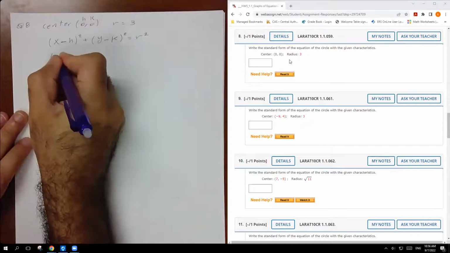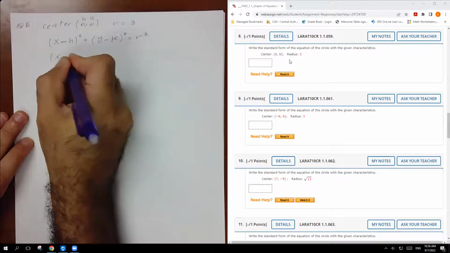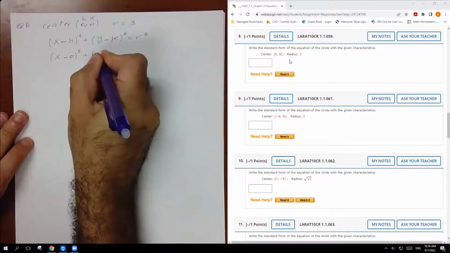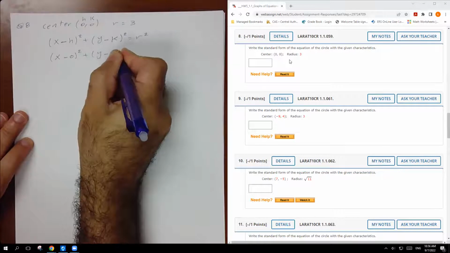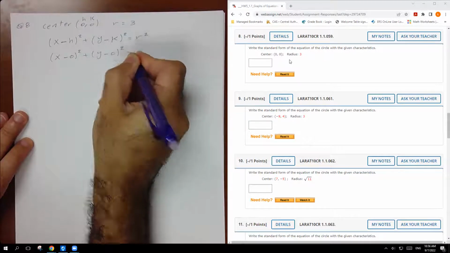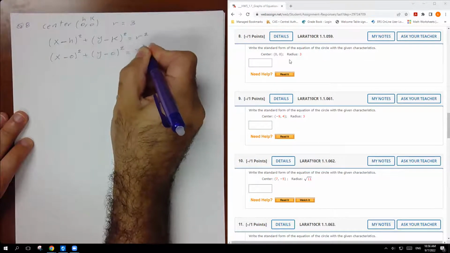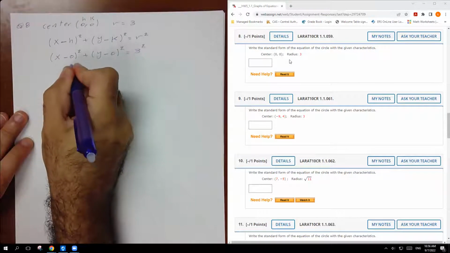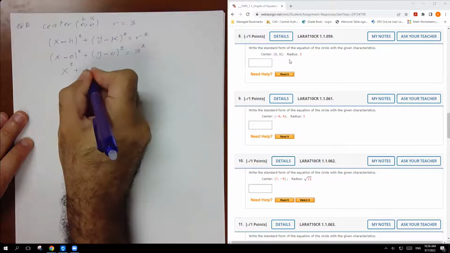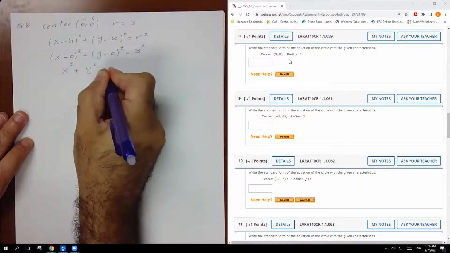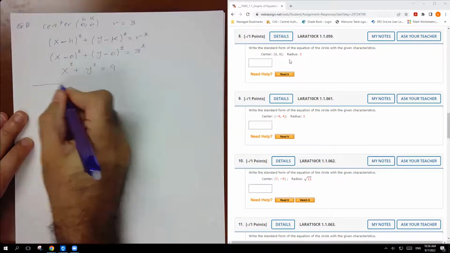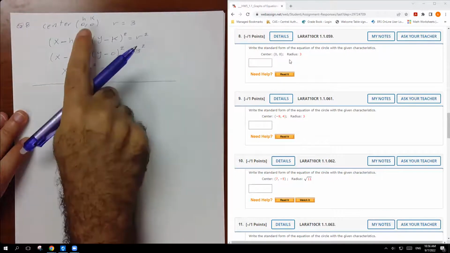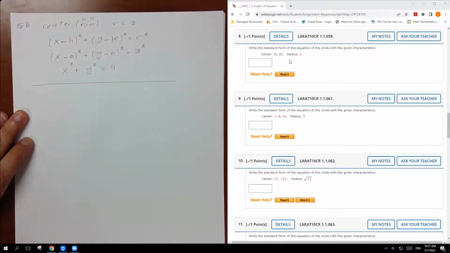So it's going to be (x minus 0) squared plus (y minus 0) squared equals 3 squared. x minus 0 is going to be x. That means this one is going to be x squared plus y squared equals 9. So this is the circle equation with the center (0, 0) and radius 3.